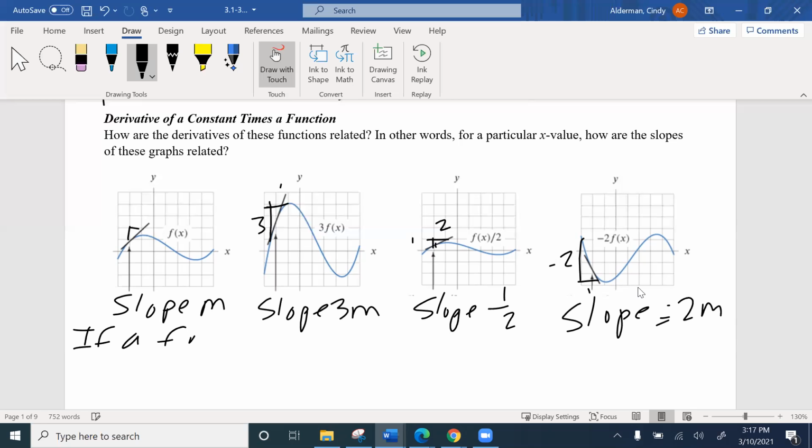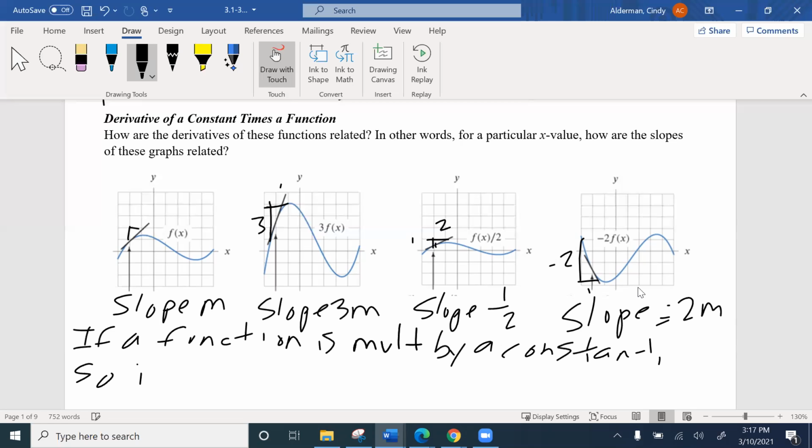If a function is multiplied by a constant, so is its derivative.